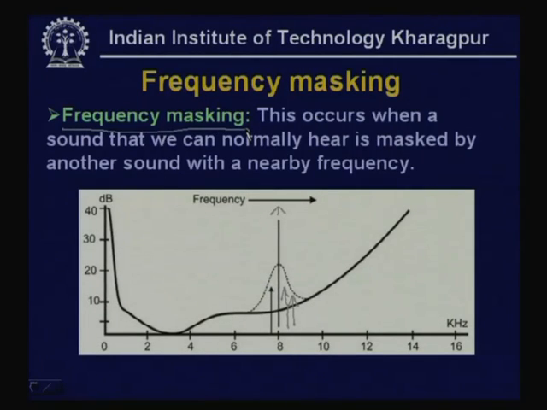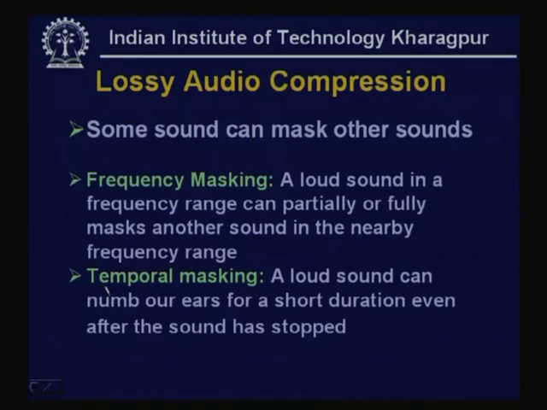Another type of masking is possible, which is known as temporal masking. In temporal masking, a loud sound can numb our ears for a short duration even after the sound has stopped. So, if there is a loud sound at a particular time instant, then some sounds around that time will not be audible to the ear.